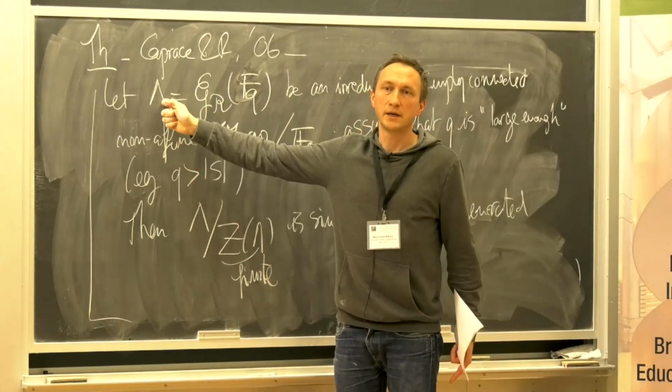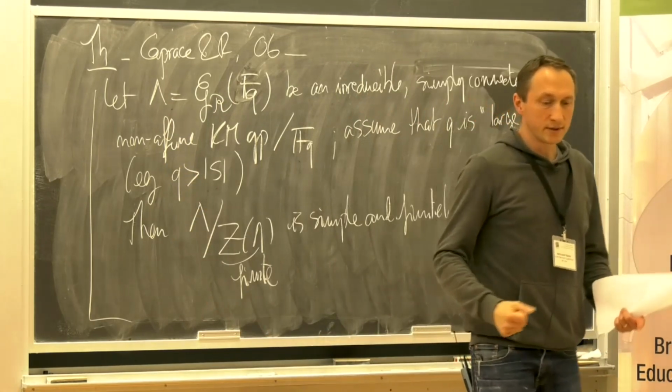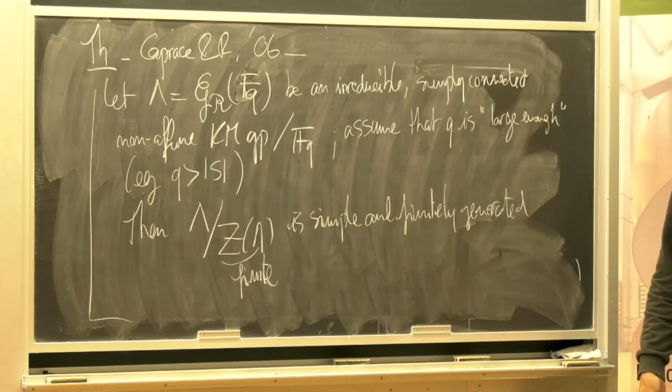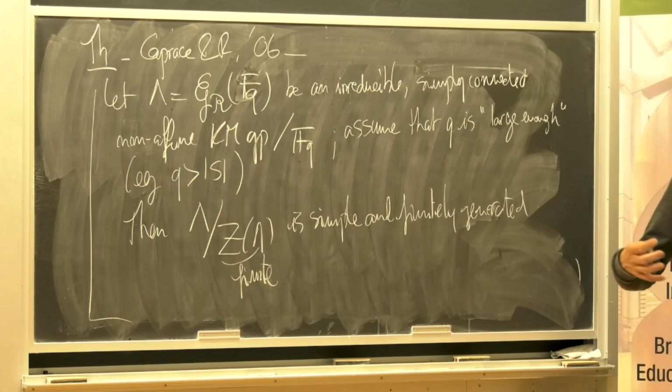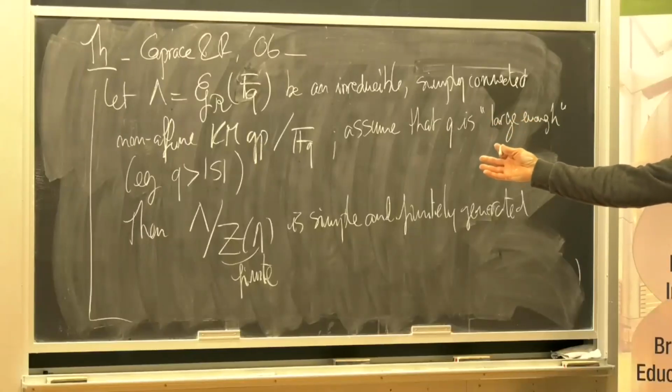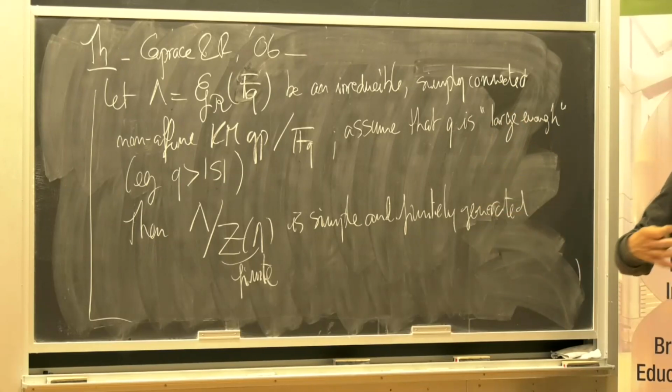If q is large enough, I can see Lambda as a lattice. And instead of using an algebraic machinery to prove simplicity, I use Margulis theory. I mimic what Margulis did for the normal subgroup theorem for higher rank lattices. Recall that the normal subgroup theorem by Margulis says that if you take an arithmetic lattice in a higher rank algebraic group, then any normal subgroup has to have finite index.